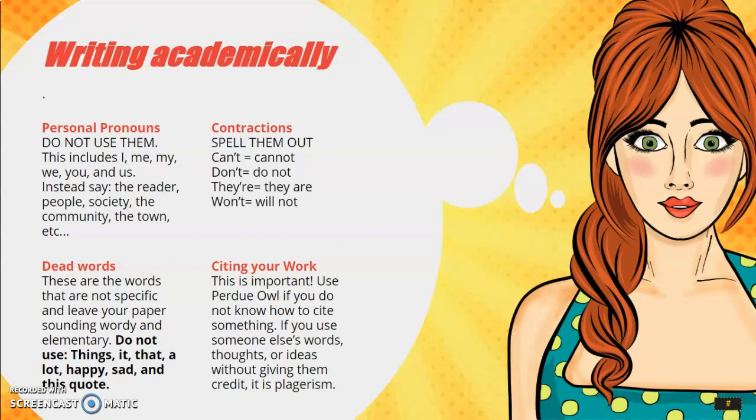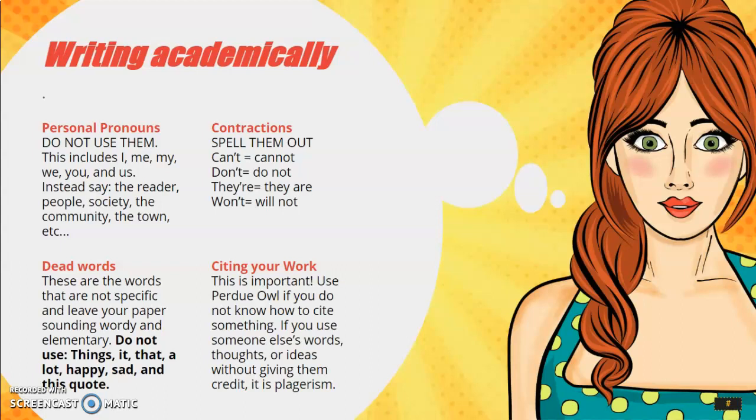Dead words. These words are not specific and they leave your paper sounding wordy and elementary. We want you to take these words out of your paper. Many times, words can just be removed. Sometimes you have to replace them with something more specific. For example, if you have the word things in your paper or it, you should replace things or it with whatever those things or it actually is.